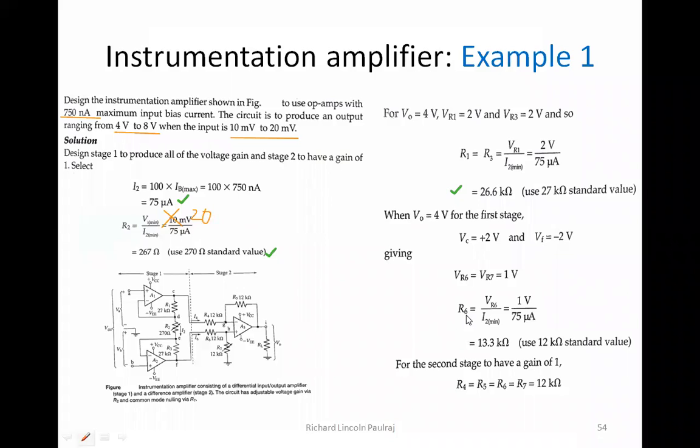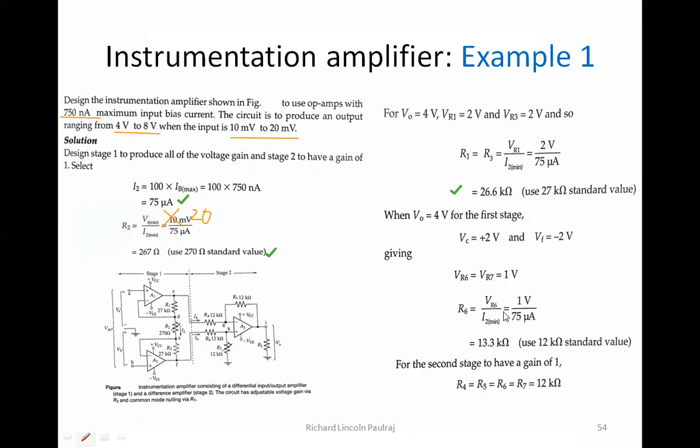Okay, fine. Now we'll go to R6. I want to find out the value of R6. So what is going to be the resistance? VR6, I have the voltage here, 1 volt. And I2 minimum, we have it from here, 75 micro. So 1 divided by 75 micro.